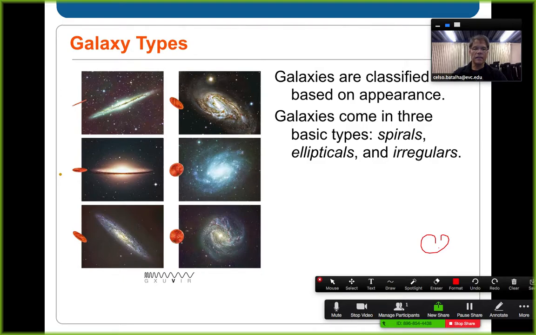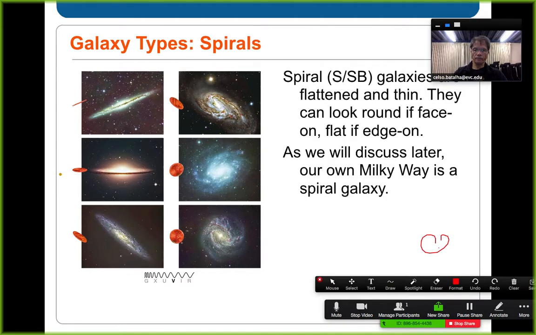In fact, all these galaxies that appear in these pictures are pretty much spiral galaxies. And you can tell they are spiral because of these dark lanes that go across their spiral region, which indicate the presence of dust.